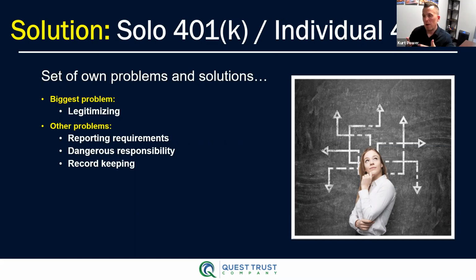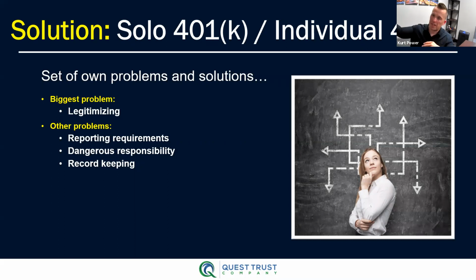And going back to why we take prohibited transactions so seriously: if you are audited and it's found that you've done a prohibited transaction, it is retroactive to the first day of the year in which that prohibited transaction took place. Do you think the IRS would audit you a month from doing that prohibited transaction?